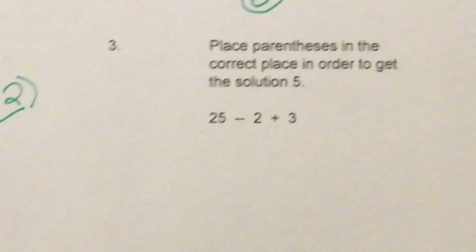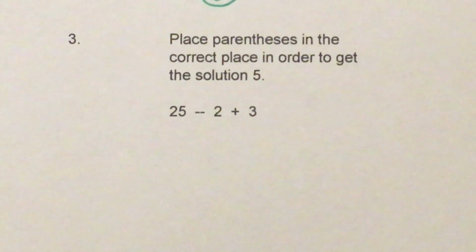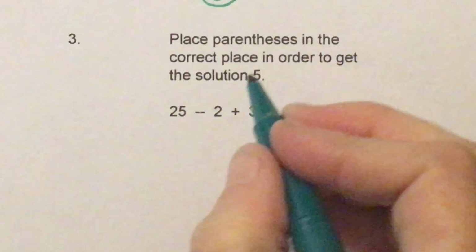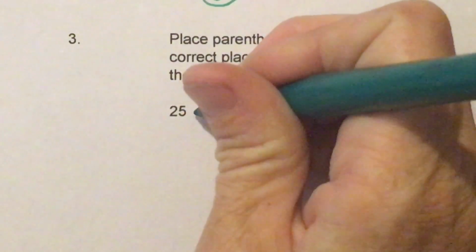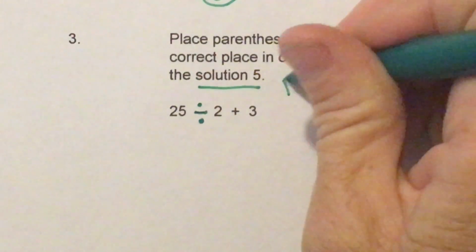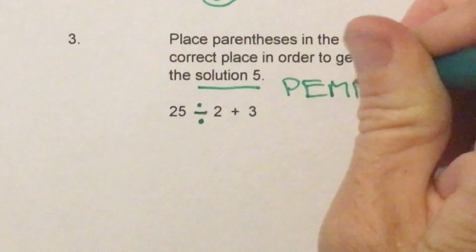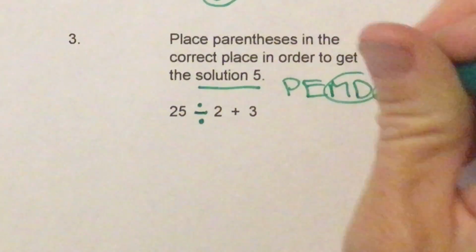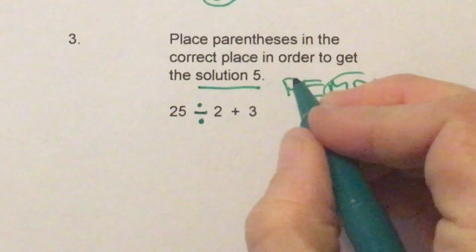Okay, our last one says place parentheses in the correct place in order to get the solution 5. So first of all, that is supposed to be a division. Yours should already be correct. Well, if I solve this without it, look what's going to happen. PEMDAS. I go to do parentheses, I have none.